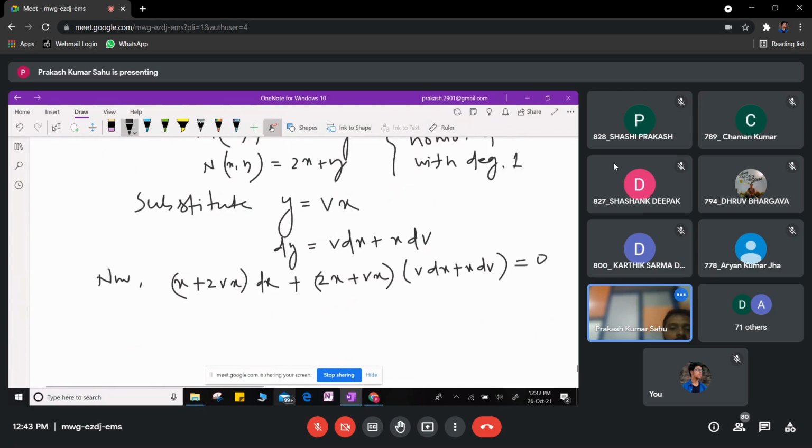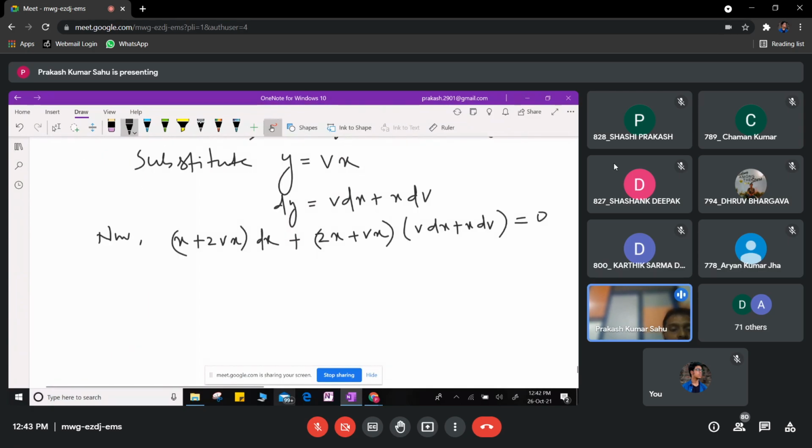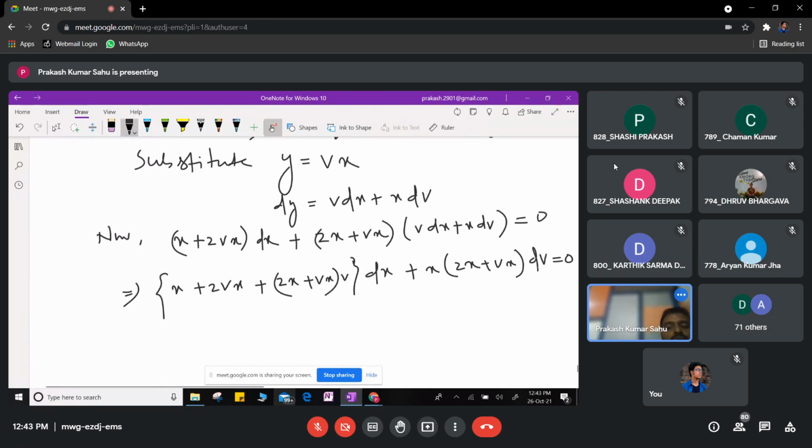Now if you simplify this, you get x plus 2vx, then plus 2x plus vx into v, dx, and plus x into 2x plus vx, dv is equal to 0.